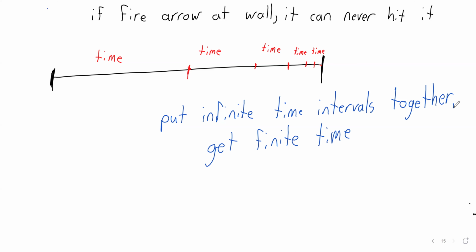It bothered Zeno, and it bothered his opponents, because, again, the Greeks had no notion of infinity.